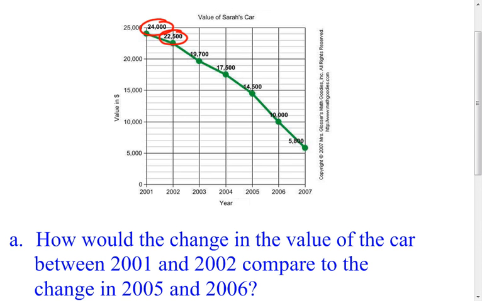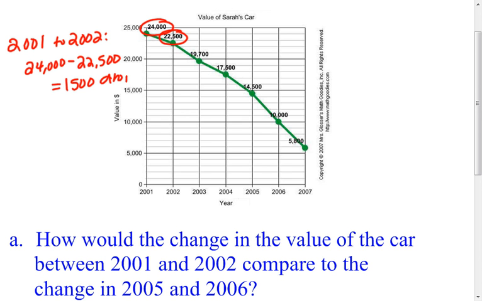Okay, so from 2001 to 2002, it goes this much, 24,000 minus 22,500, which means it's a $1,500 drop.